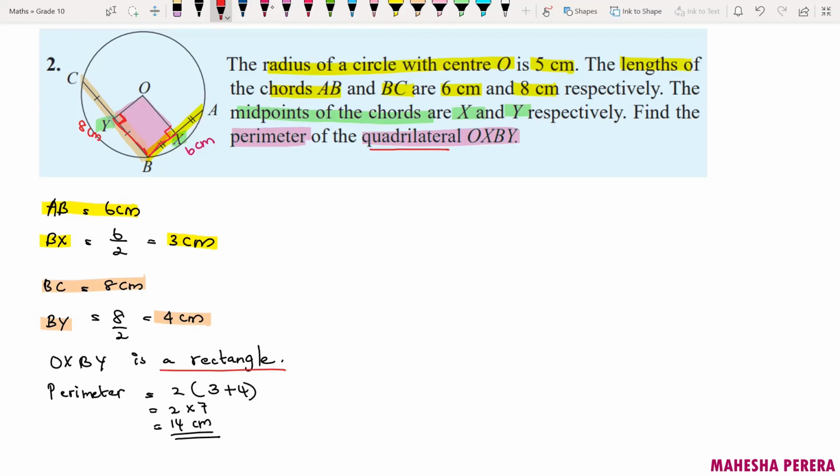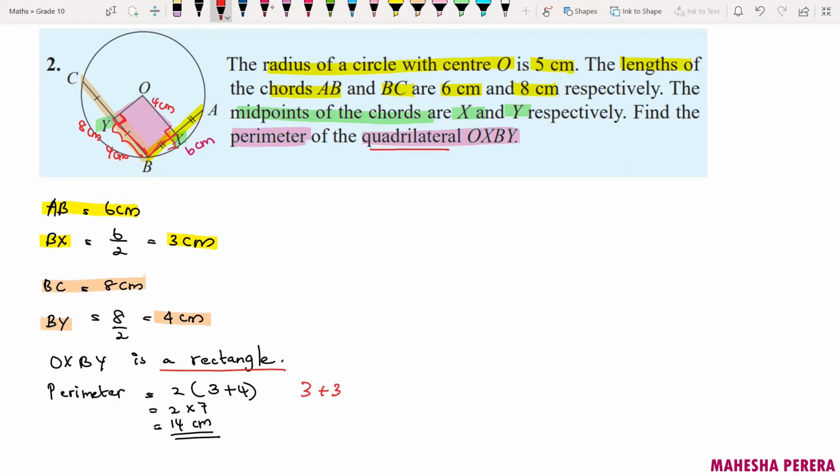Hope you remember the way we find the perimeter of a rectangle. You need to add the length and the breadth and then multiply by 2, right? So it should be 14 centimeters. Or you can write 3 plus 3, because this length is 4 centimeters and this length should be 4 centimeters.